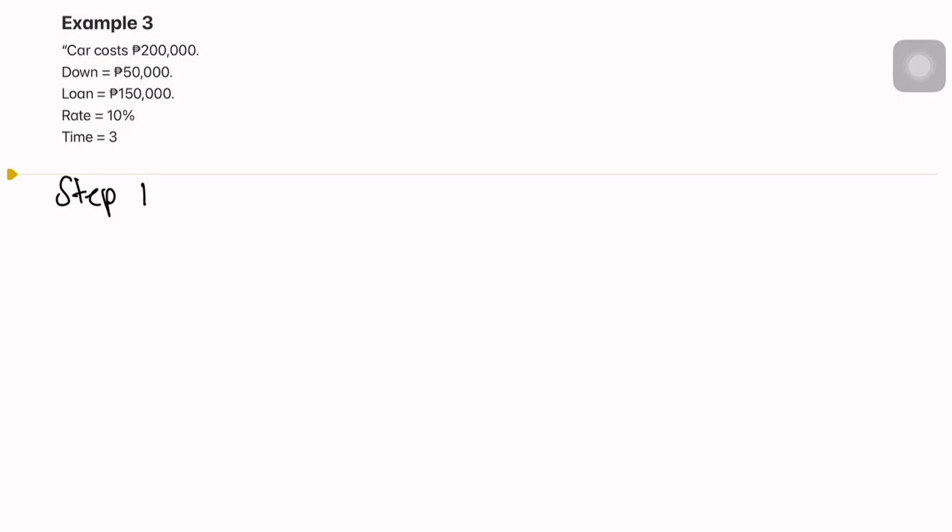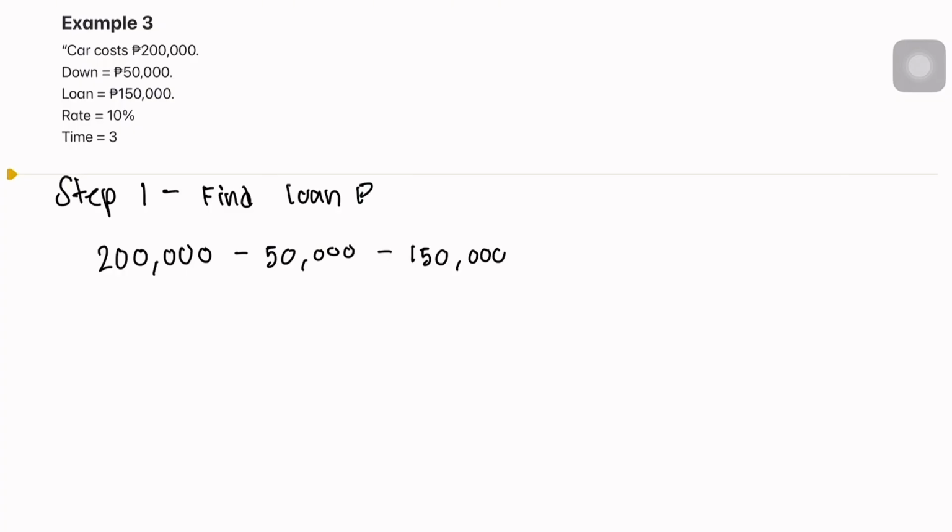Step 1, let's find first the loan principal. We have to subtract the down payment from the amount. So 200,000 minus 50,000 is equal to 150,000.